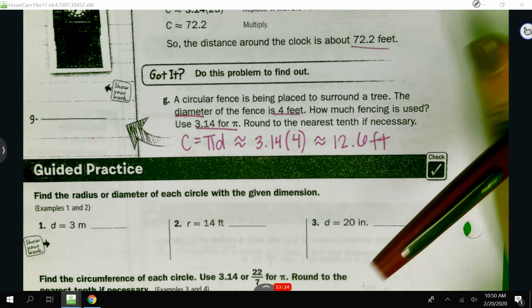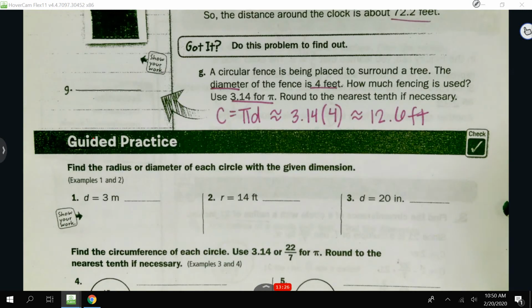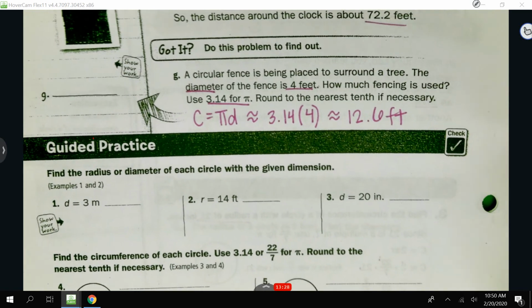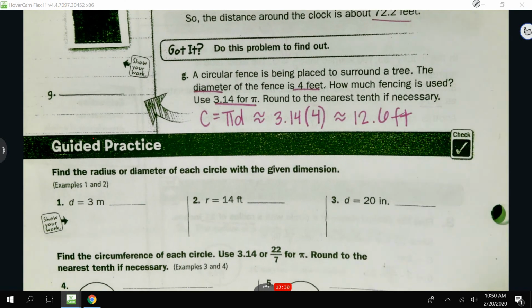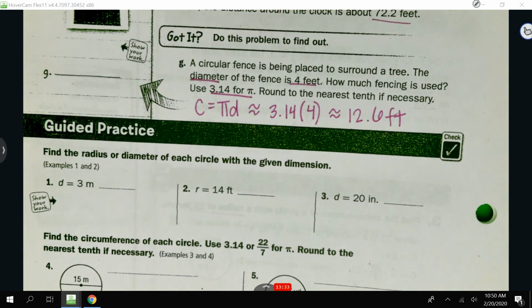Okay, I want y'all to do 1 through 3 on your own right now, and then we will go over them. So everybody's doing 1 through 3. That's going back to your radius and your diameter.